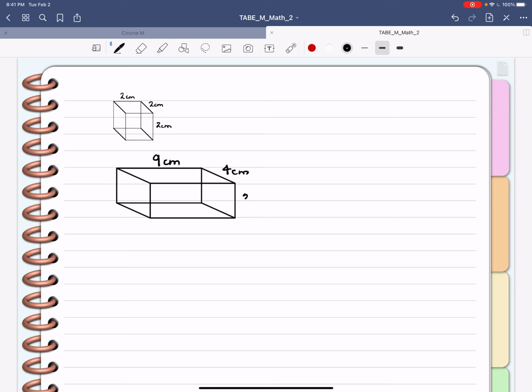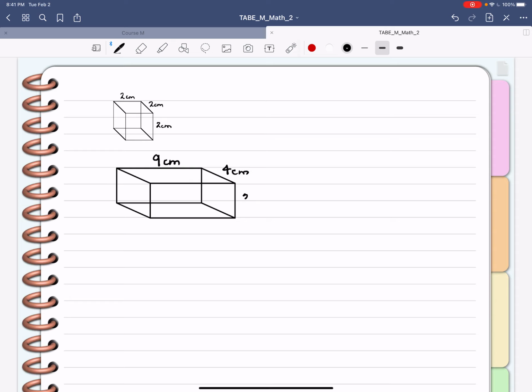So we're attaching them somehow like that. So let's do the volume of each one. The volume of this one is length times width times height. So 2 times 2 times 2, that's 2 to the 3rd power. Use your calculator. That is 8 centimeters cubed.